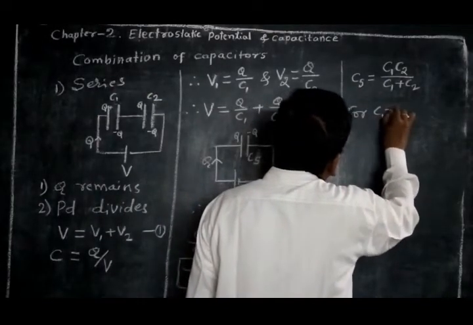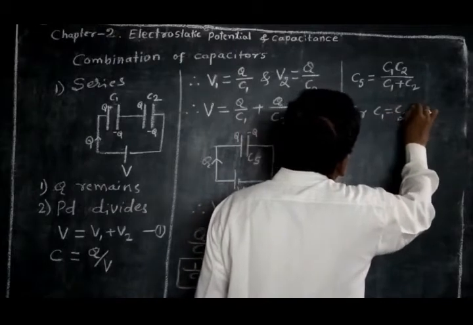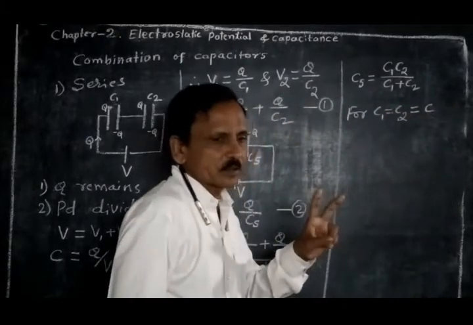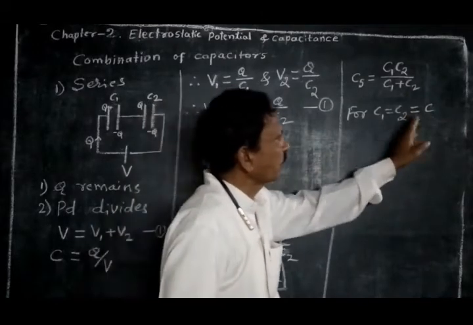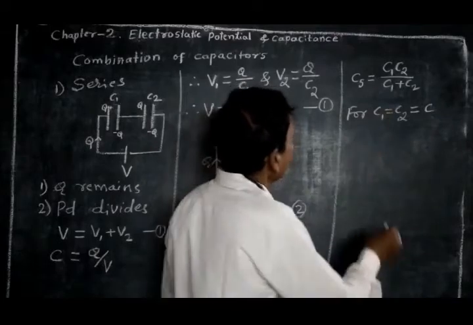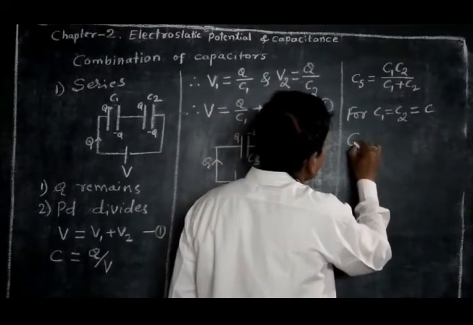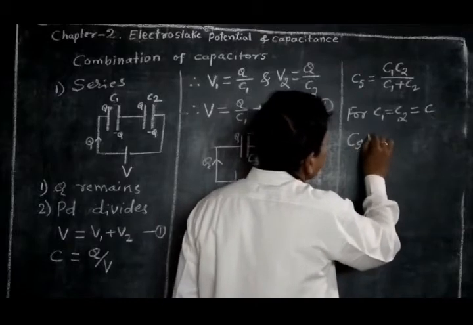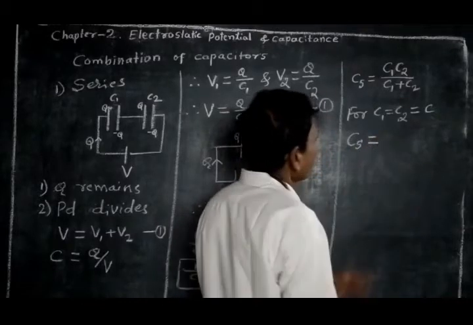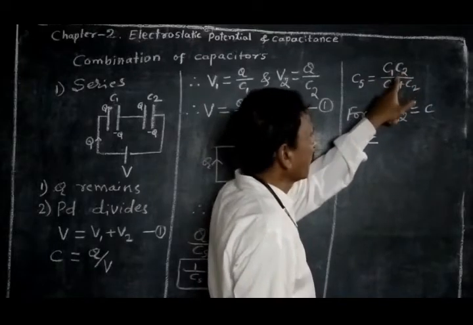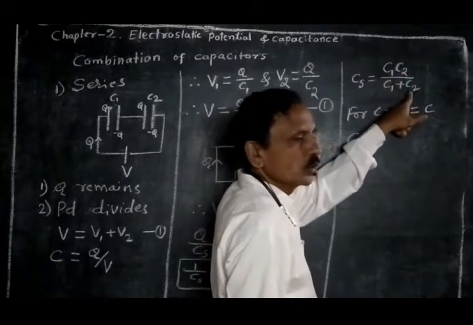And now if two capacitors of same capacitance C are connected in series, that means C1 is equal to C2 is equal to C. Then equivalent capacitance of two capacitors of same capacitance is Cs equal to C into C, C square divided by C plus C, 2C.